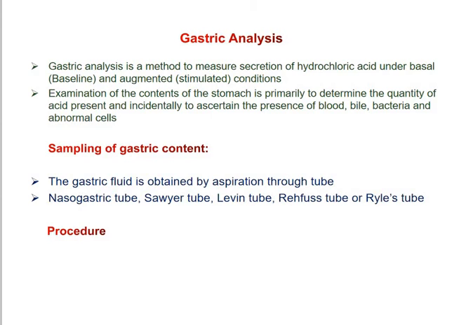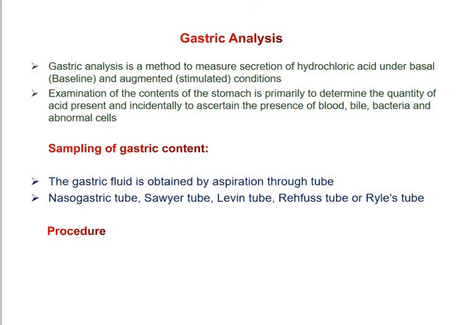The gastric lipase that acts in acidic medium has least importance concerned with diagnosis of lipids. The gastric analysis denotes an examination of gastric contents at various stages of digestion.